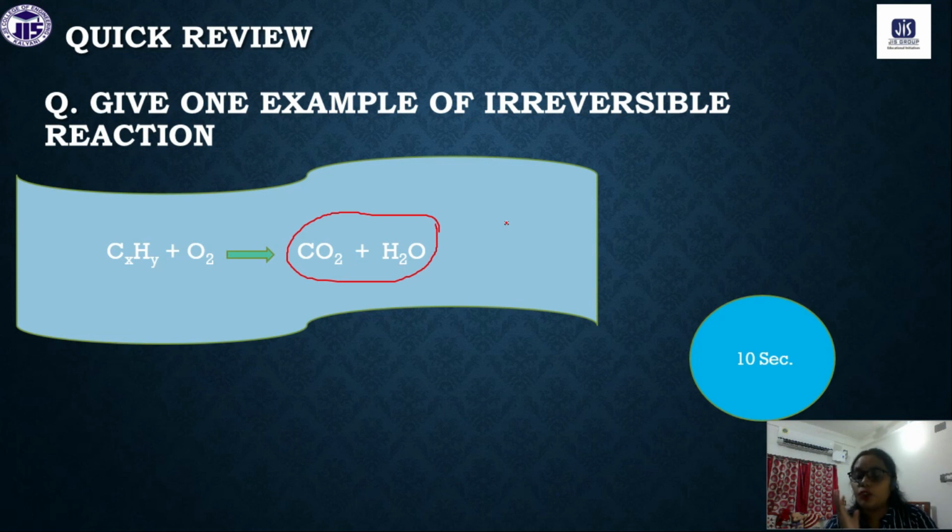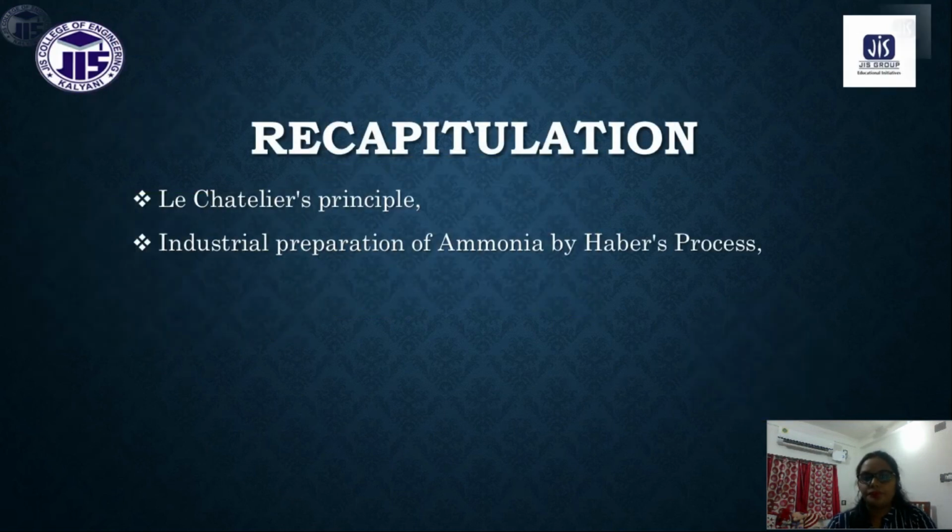So this is a perfect example of an irreversible reaction. This is the recapitulation. We have seen the Le Chatelier principle, and how to manufacture ammonia by Haber's process, and we have applied the Le Chatelier principle in the Haber process.